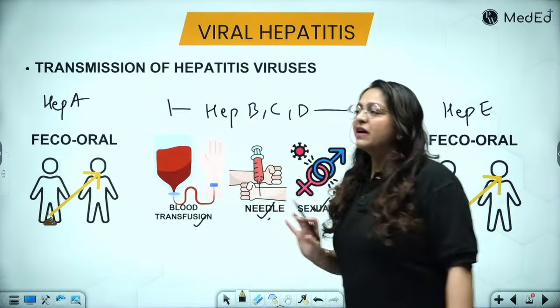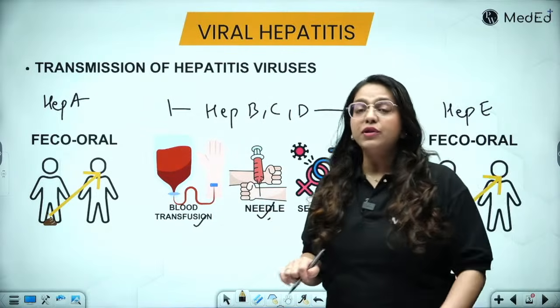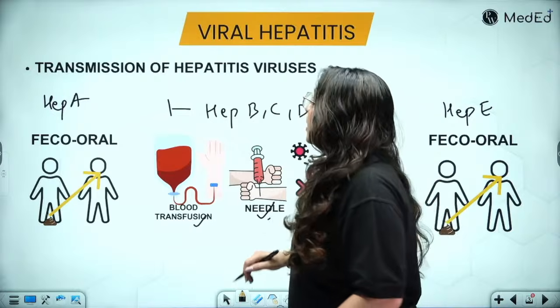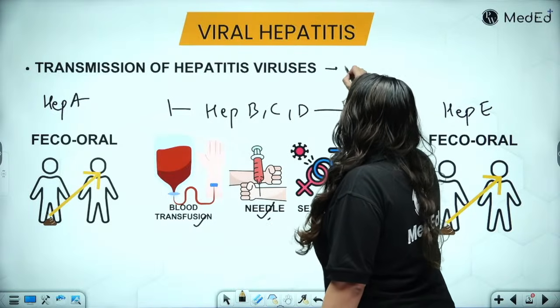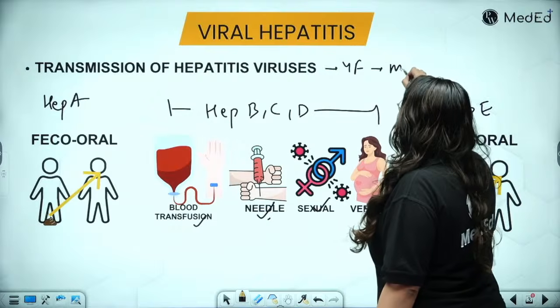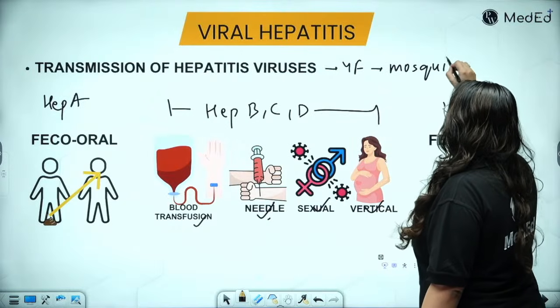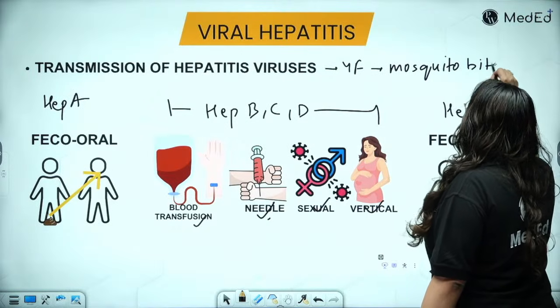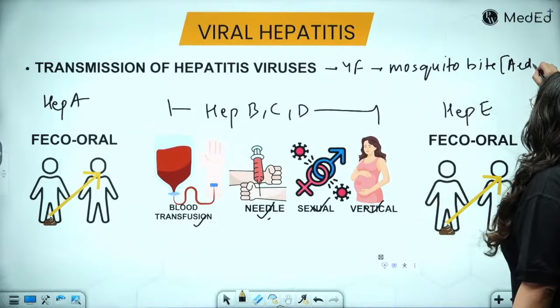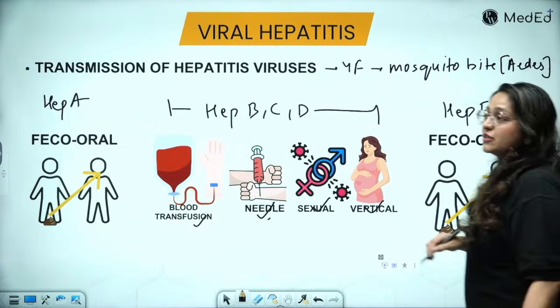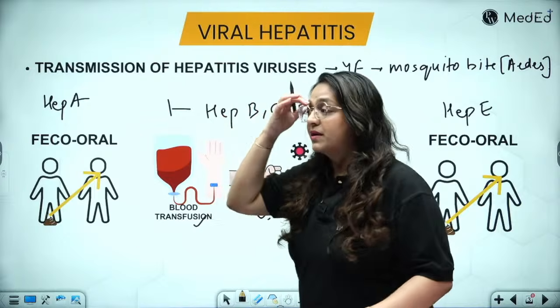So this becomes very easy for me to remember the fecal-oral route. Please also remember that the yellow fever virus is transmitted by mosquito bite. And which mosquito? Of course, the Aedes mosquito, right? So that is all that we're going to cover amongst the viruses.